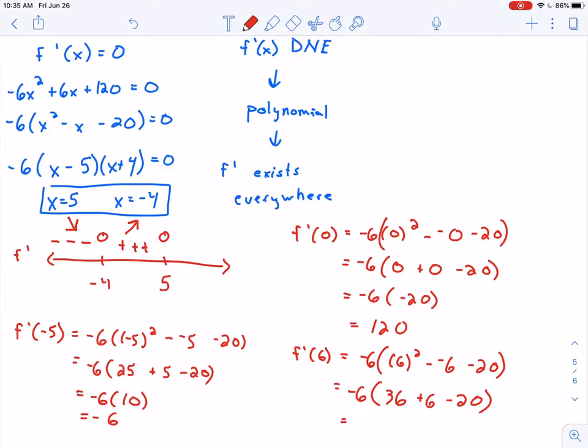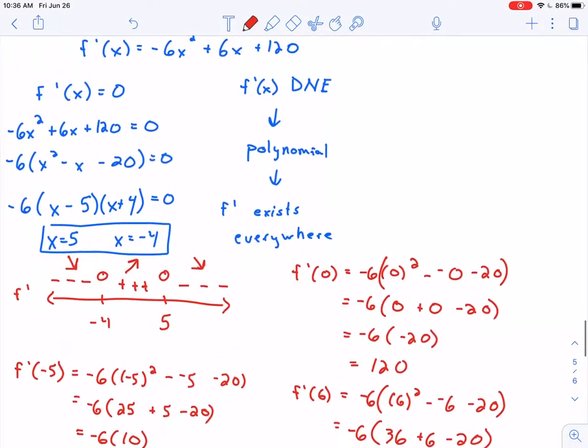So that's 30 minus 20, I'll have a positive 10, which gives -60. Actually, my arithmetic may be off there, but remember it's the sign that I really want right there. It's the sign of that number. My derivative is negative, which tells me that my function is decreasing on that interval.